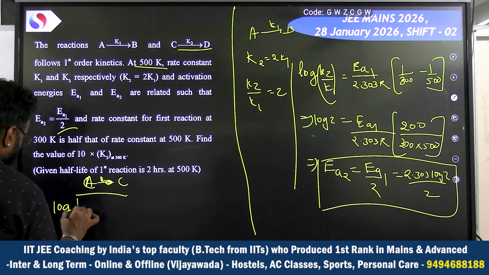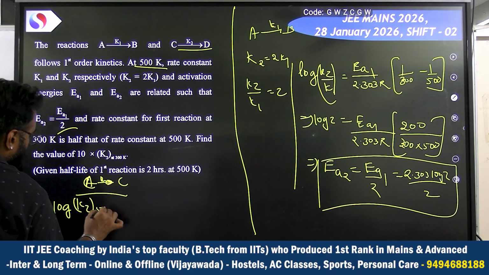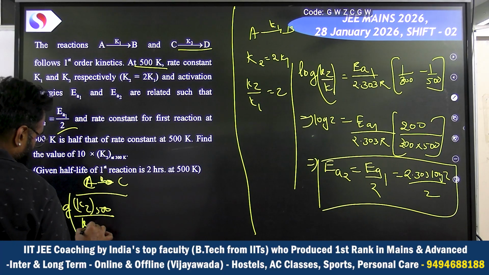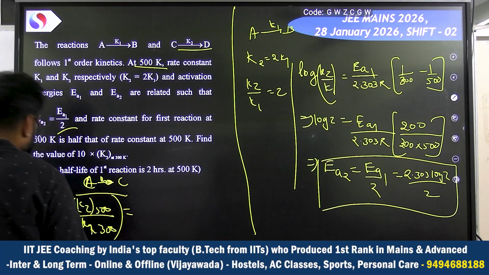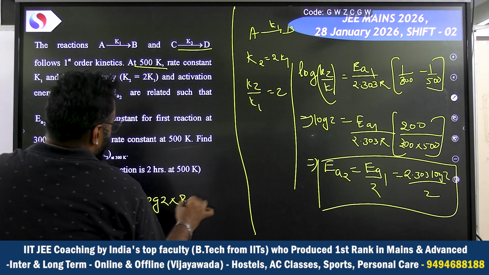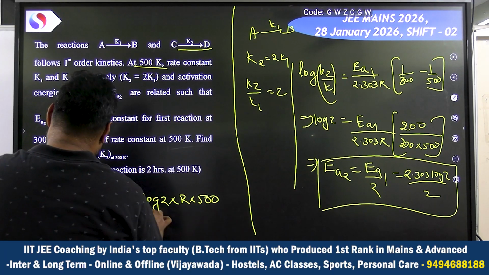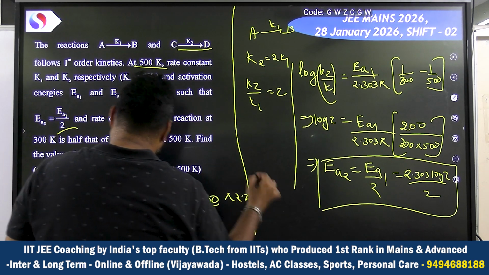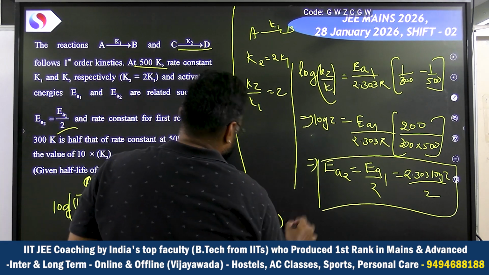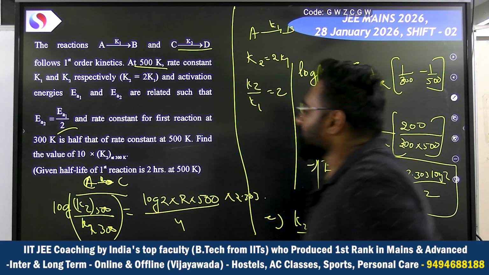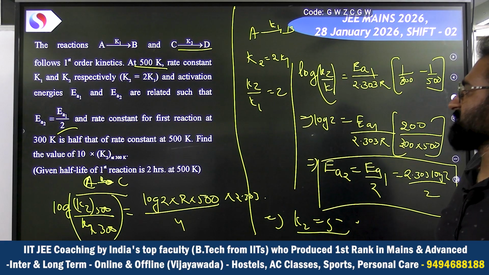Log K2 at 500 divided by K1 at 300 is equal to log 2 into R into 500 divided by 4 into 2.303. So on solving this, finally we have K2 is equal to 5.